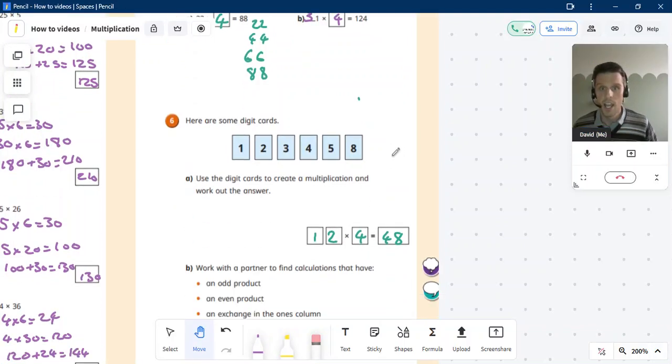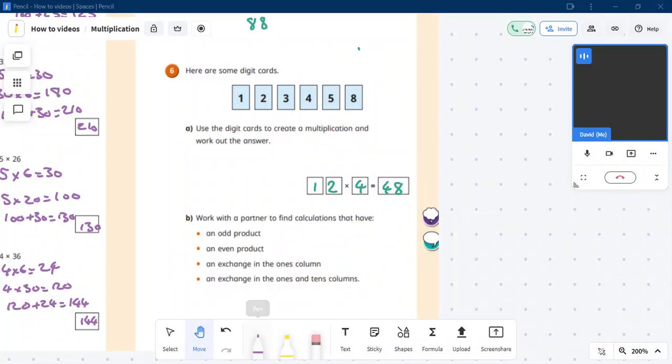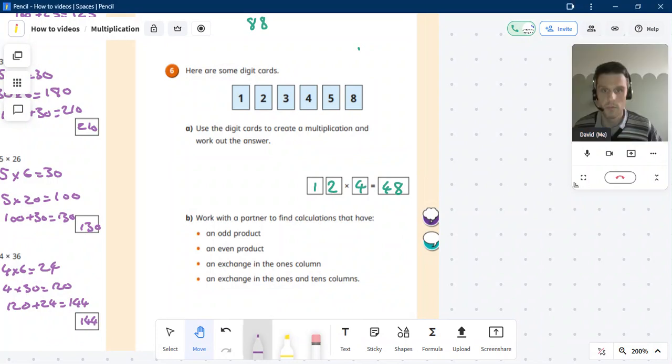Okay, I've already given an example for part A for question 6. And there are multiple answers for B. So that was just for a bit of fun.